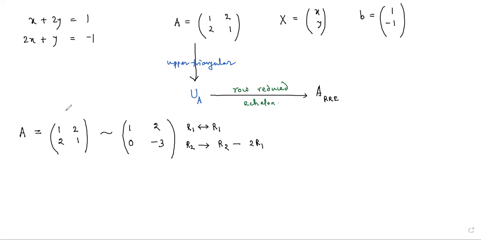This upper triangular matrix has been obtained over here. Now I am going to apply the row operations once again to get the row reduced echelon form of the given matrix.